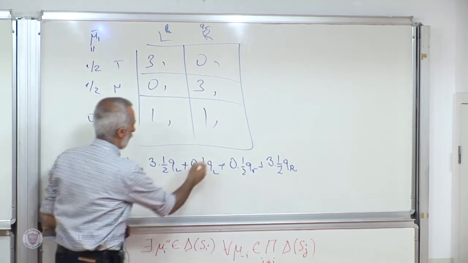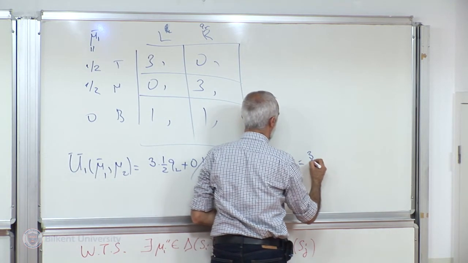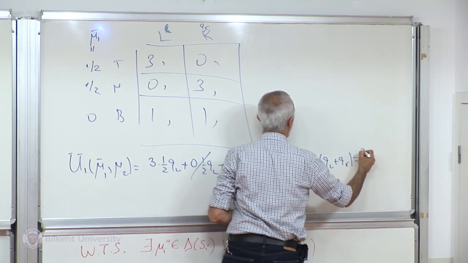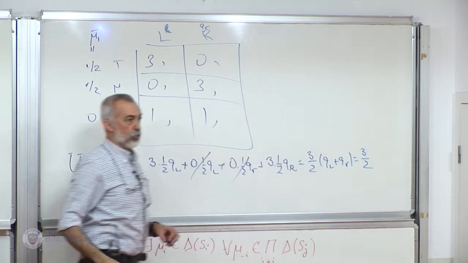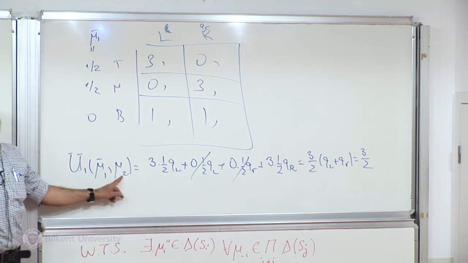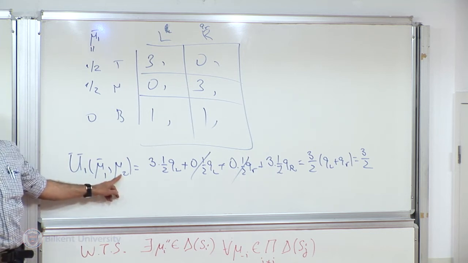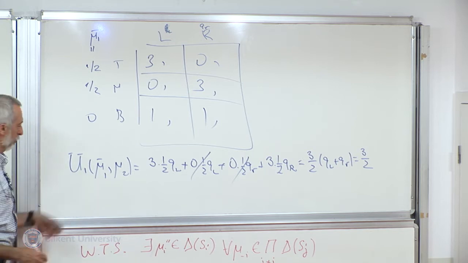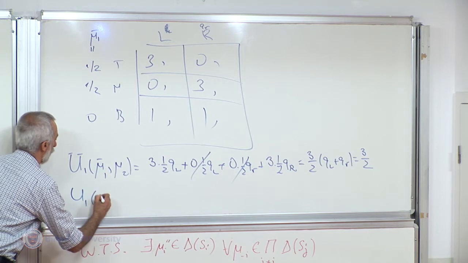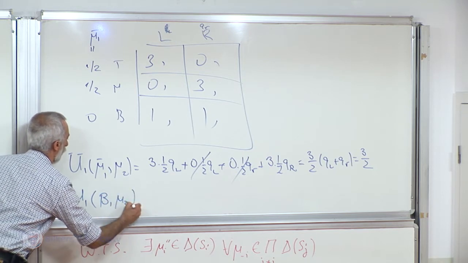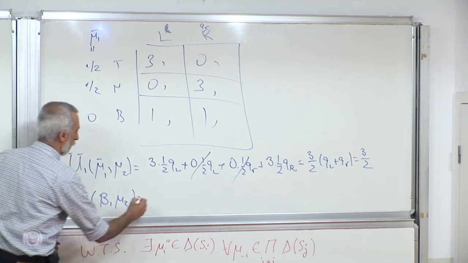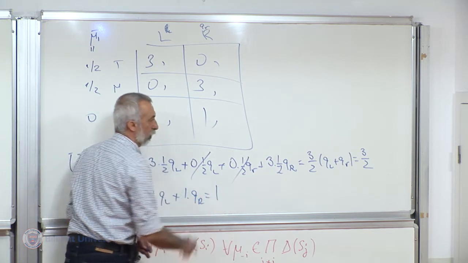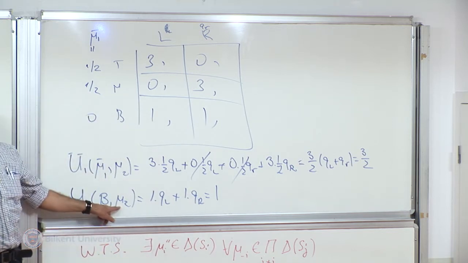So that's 3 over 2 (QL plus QR), which is equal to 3 over 2, no matter what mu2 is. What is mu1 of B, mu2? It's 1 times QL plus 1 times QR, which is equal to 1, no matter what mu2 is.